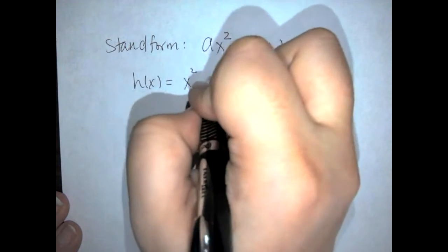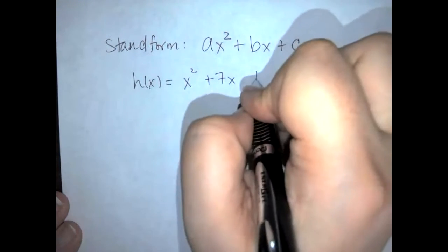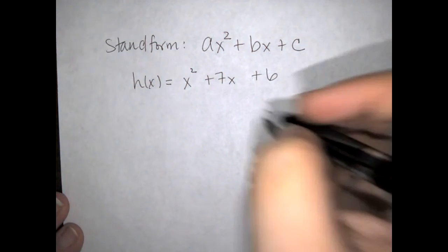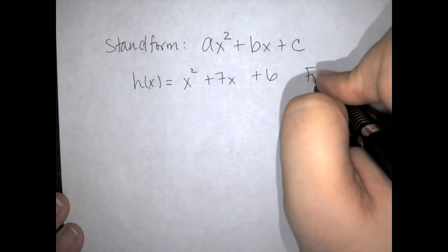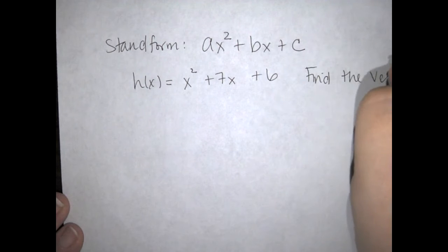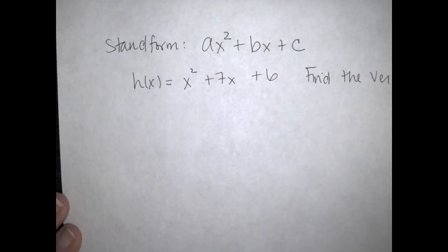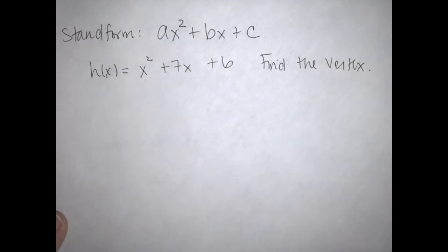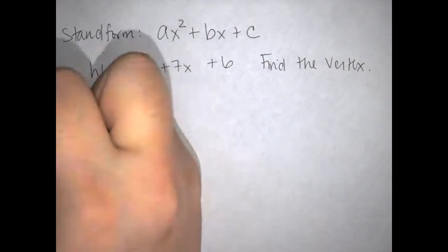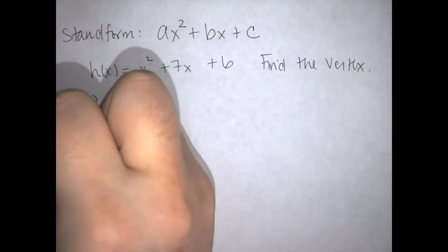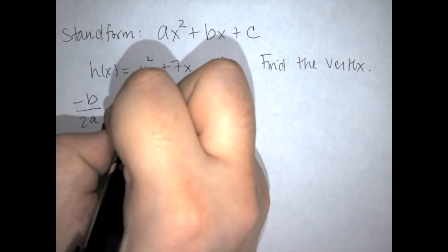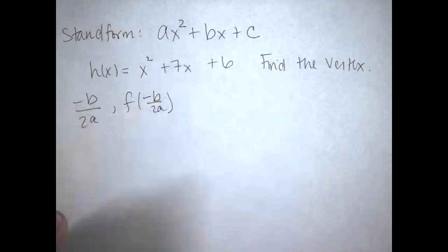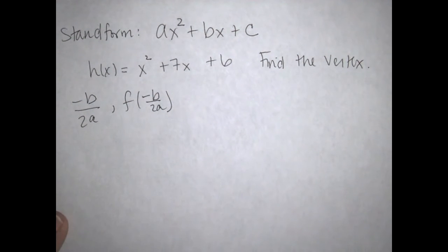So what happens if we are told that h of x is x squared plus 7x plus 6, and we want to find the vertex? Well, this means that we have to use negative b over 2a, the function evaluated at negative b over 2a, in order to find my vertex.